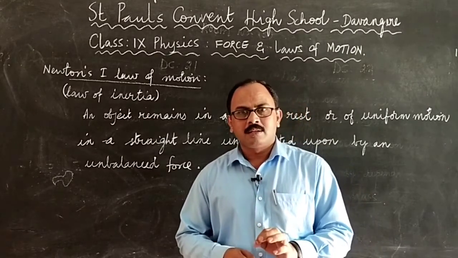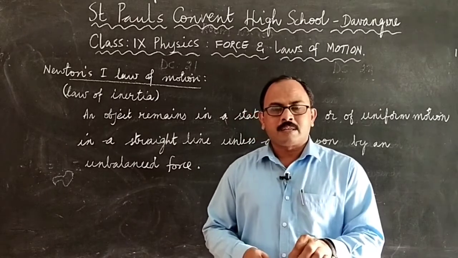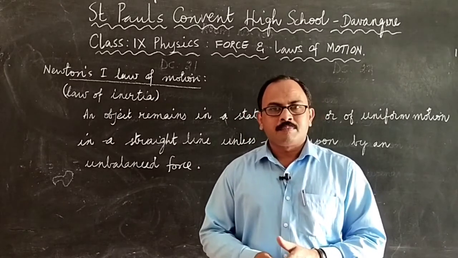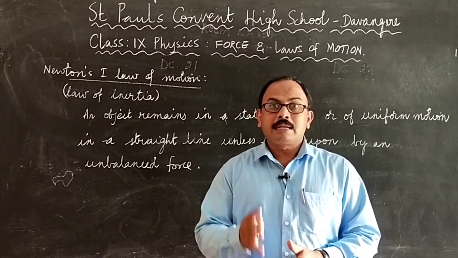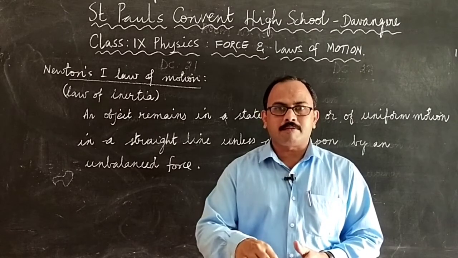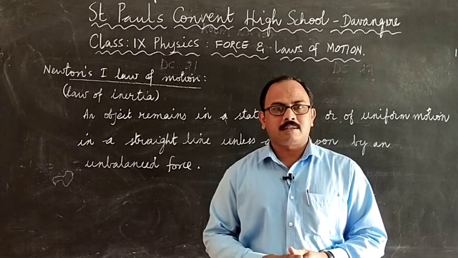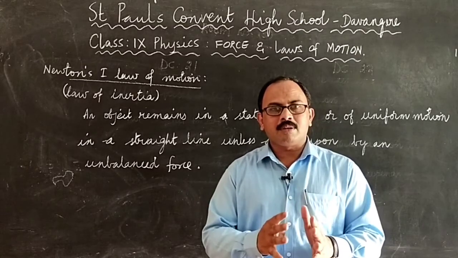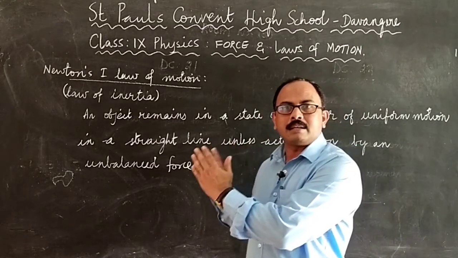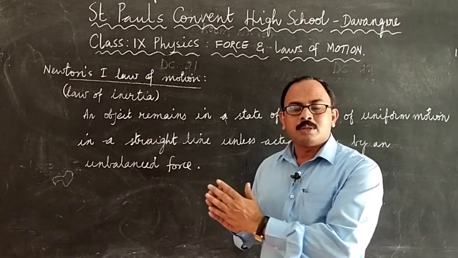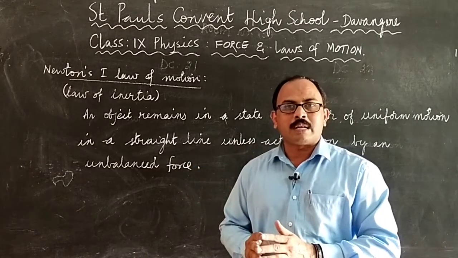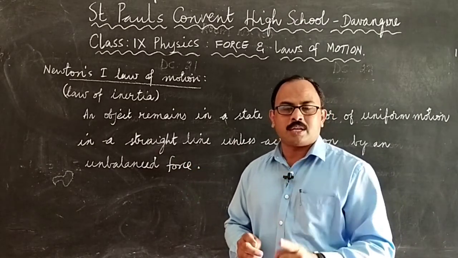Which means if the body is at rest, it will continue to be at rest. If it is in motion, it will continue to be in its state of motion unless an external force acts on it. The same is mentioned particularly in this law. Therefore, this law is also known as the law of inertia.